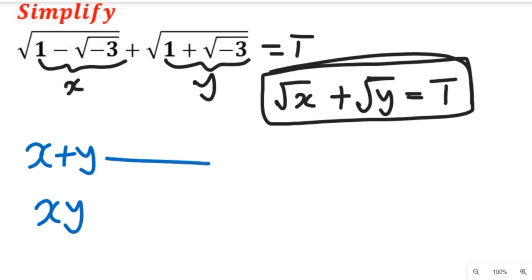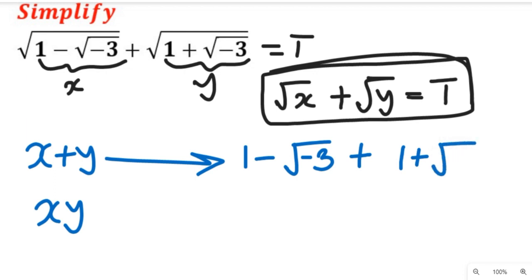Now, for x plus y, we add the values of x and y. So we have 1 minus the square root of minus 3, plus 1 plus the square root of minus 3.